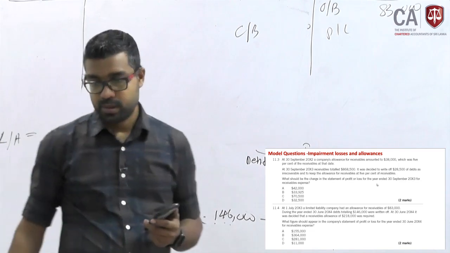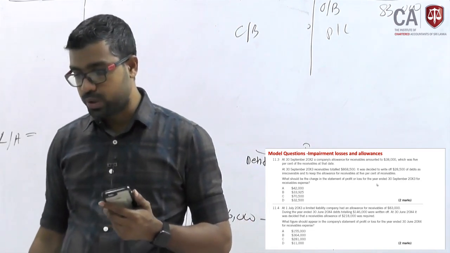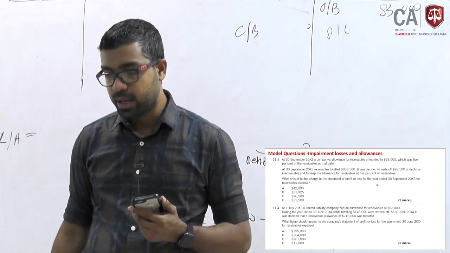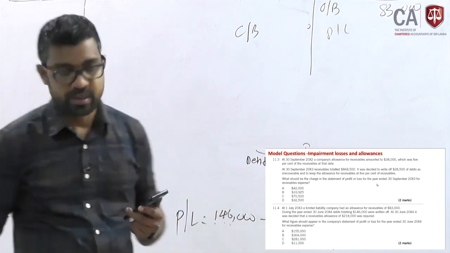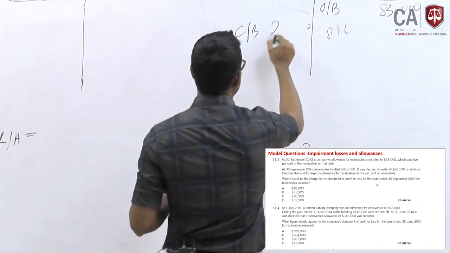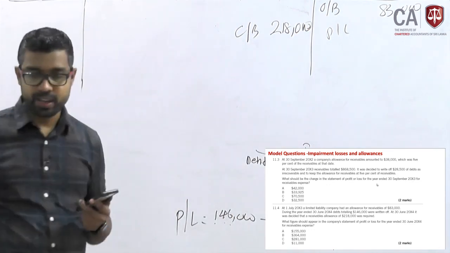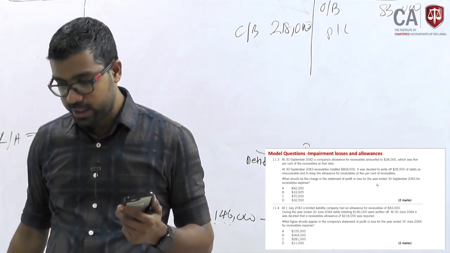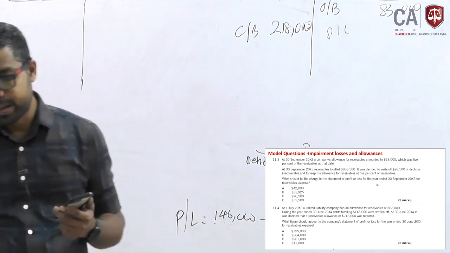Read the balance. At 30th June 2014, it was decided that a receivable allowance of 218,000 was required. Same question being interpreted in different ways. Now they are asking what figure appears in the company's statement of profit or loss.